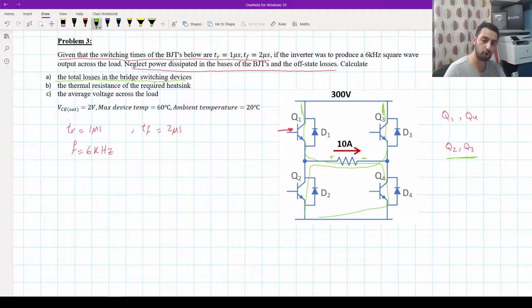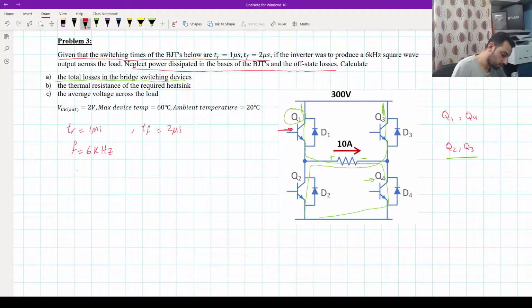If you stop Q1 and Q4, the current will stop immediately. It's not like the inductive load, where the current has to continue going through the diodes. So the question is, will the diodes conduct any current during switching on and off the transistors? The answer is no, because the current will stop once I stop the transistors Q1, Q4 or Q3, Q2.